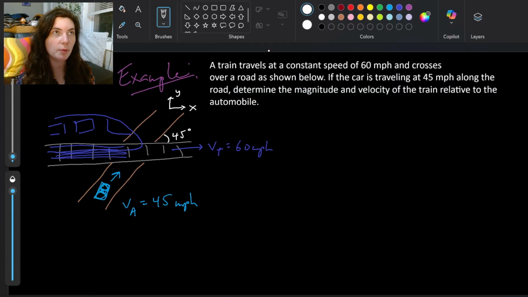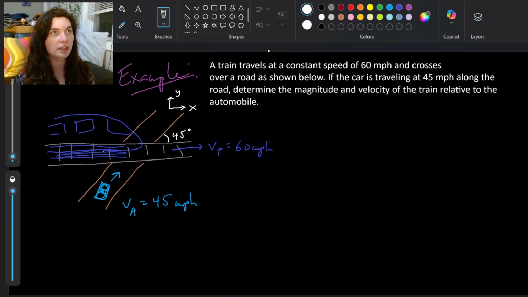In this example, we have a train traveling at a constant speed of 60 miles an hour that is crossing over a road as shown below. If the car is traveling at 45 miles an hour along the road, determine the magnitude of the velocity of the train relative to the automobile. Right, so we've got this train, it's on this bridge that is over this road.